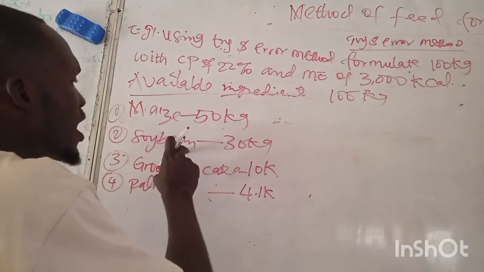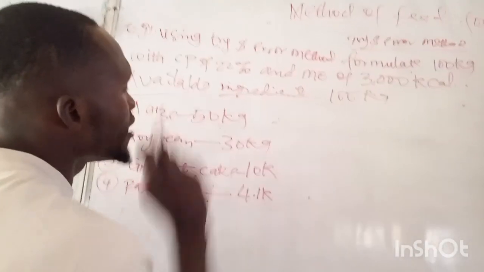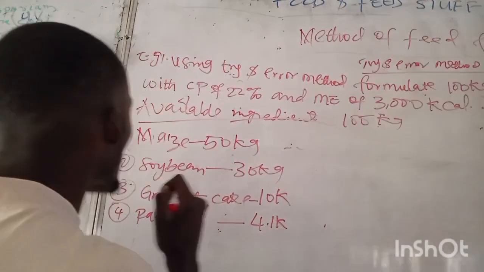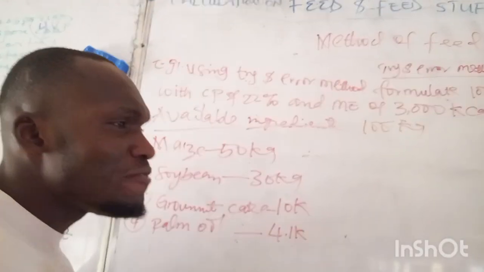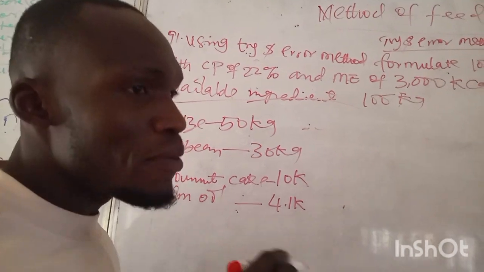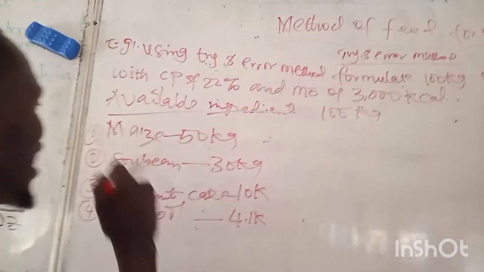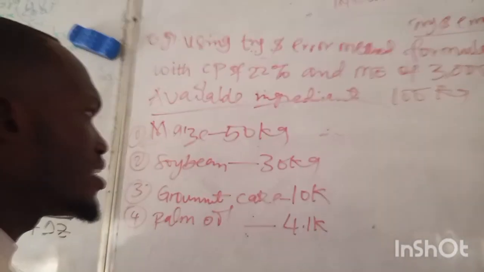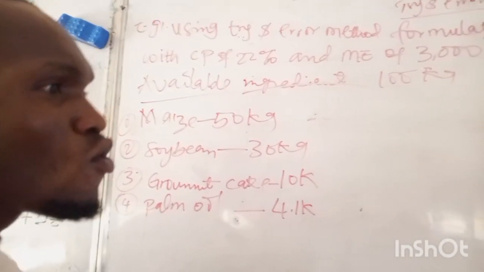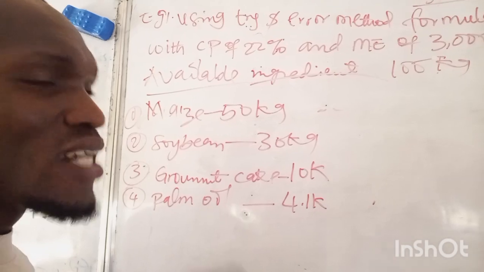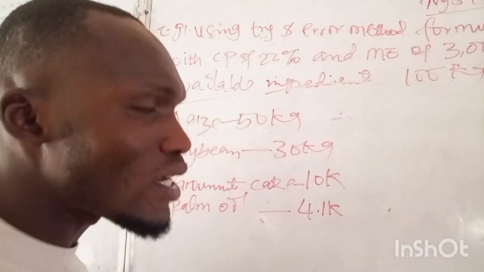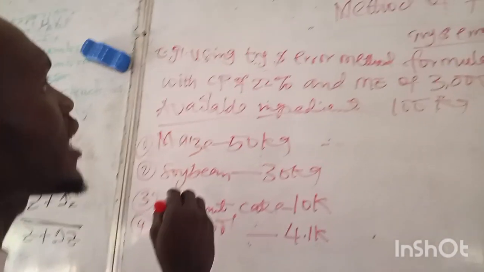Soybean here, I have given soybean 30 kg. For example, now, why do I give maize 50 kg? The energy level for maize is higher than soybean. So for me to get a quick energy level, which is supposed to reach 3,000 or 2,800 or 2,900, I have to use something.